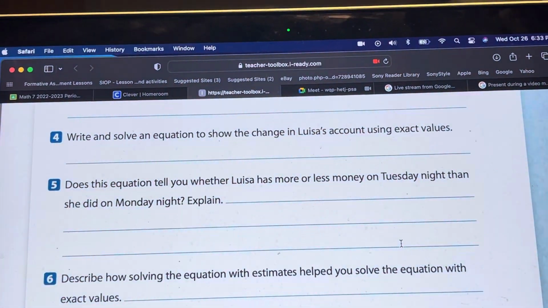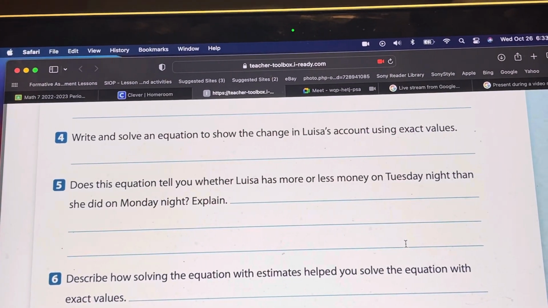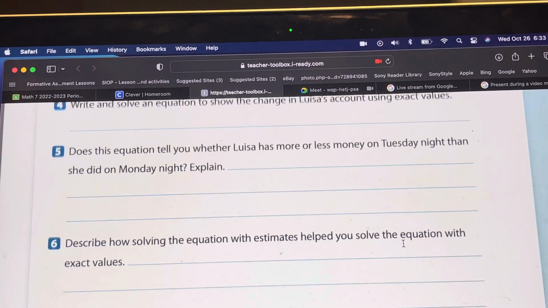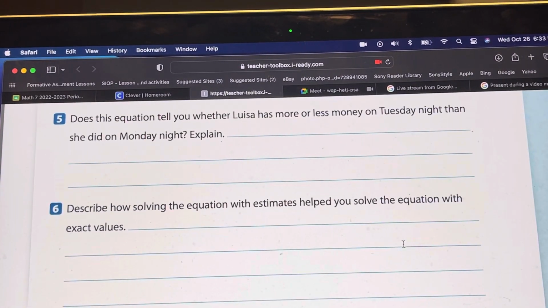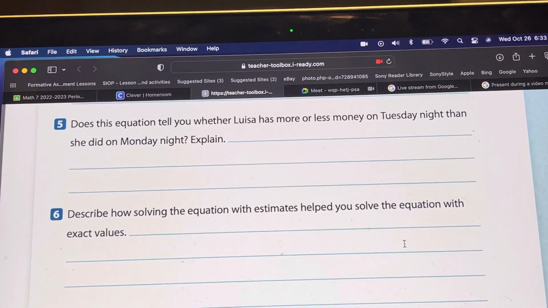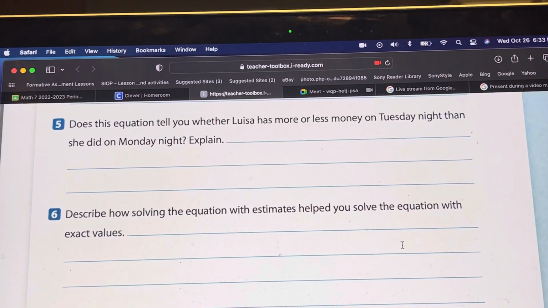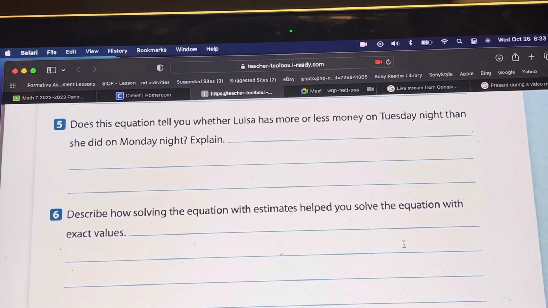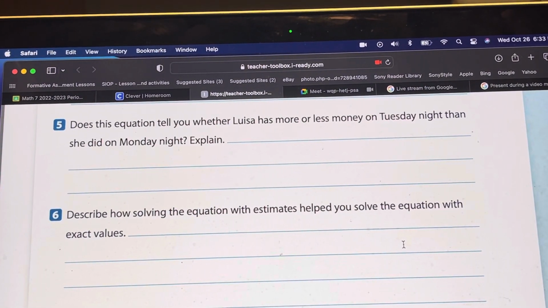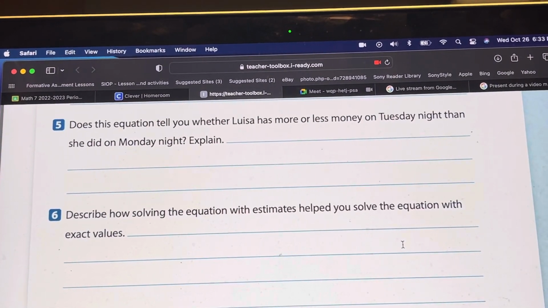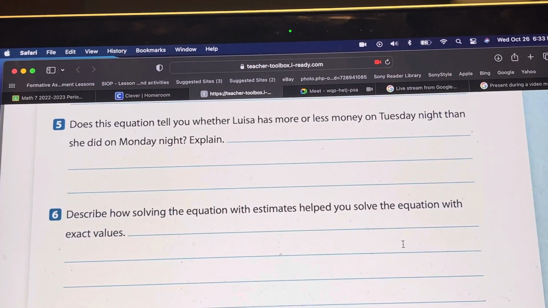All right. And it says, how does solving the estimates help you solve the equation with exact values? Well, solving the estimates showed that we should have been looking for a slightly negative number, and by using actual numbers, the answer we got of -3 was a reasonable answer.